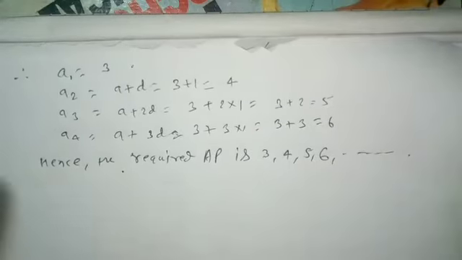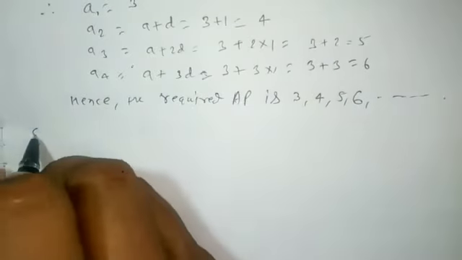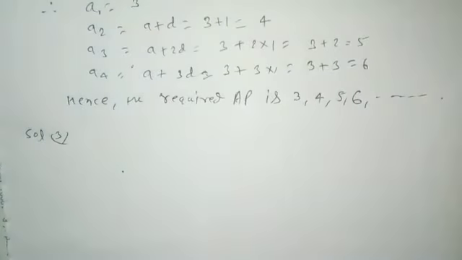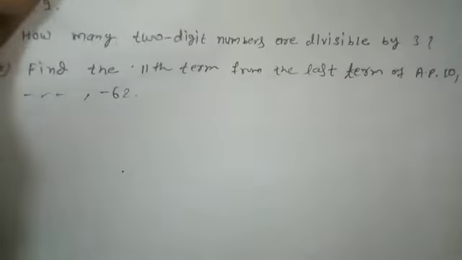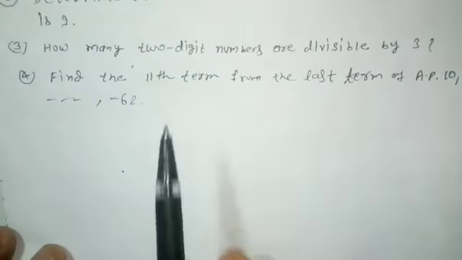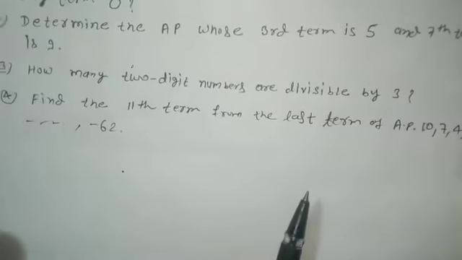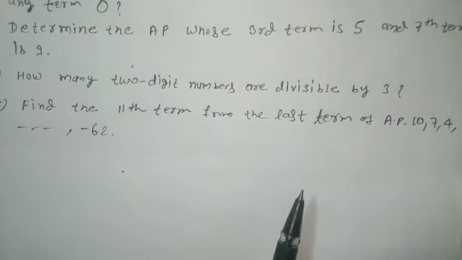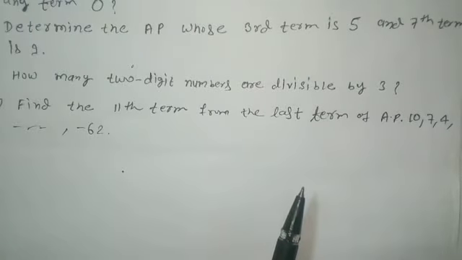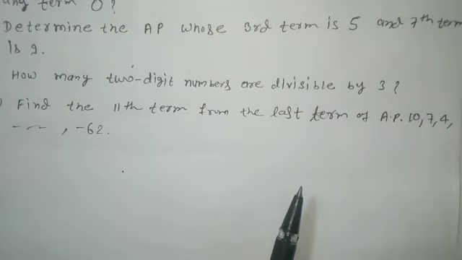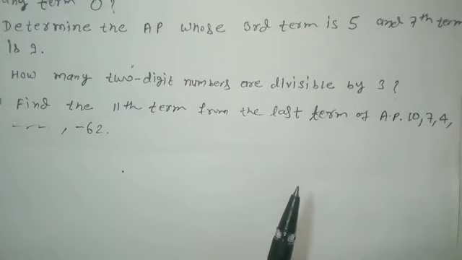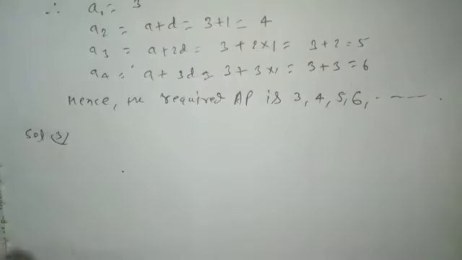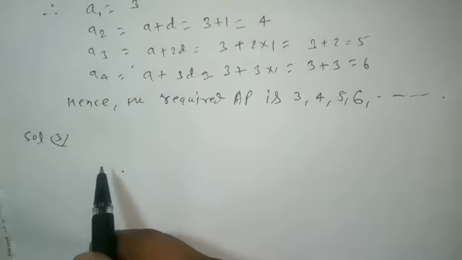Now the next question, question number 3. How many 2-digit numbers are divisible by 3? Now, the first 2-digit number which is divisible by 3 is 3 4s are 12.